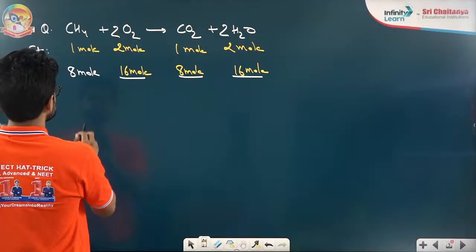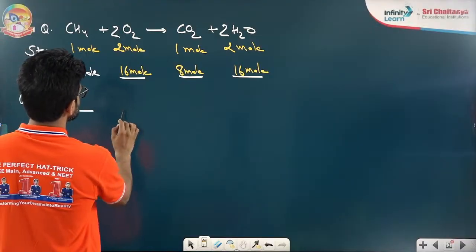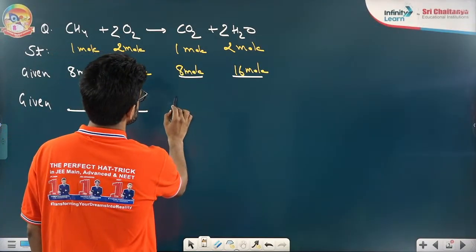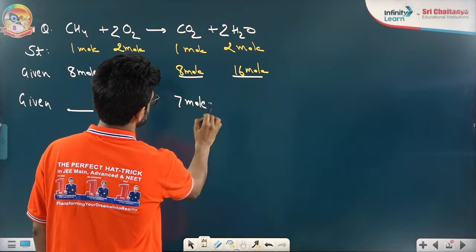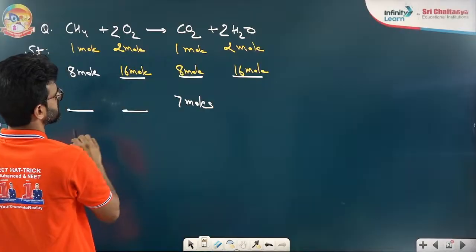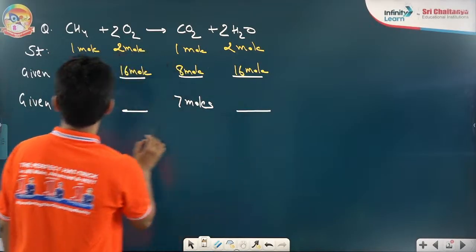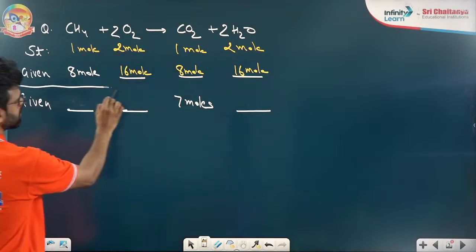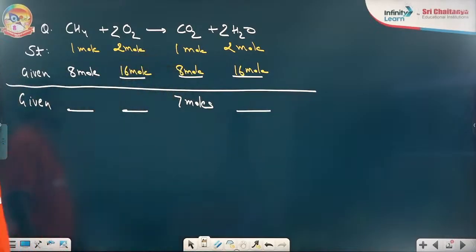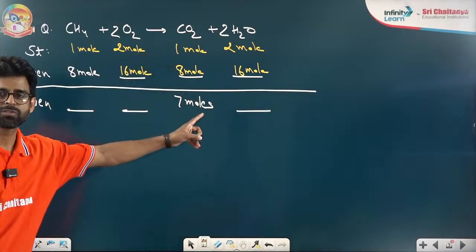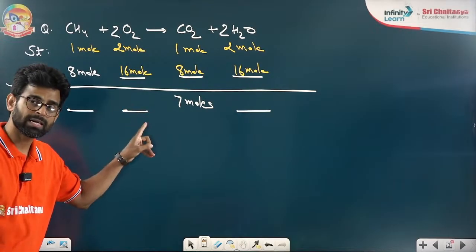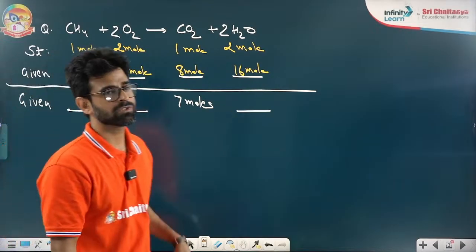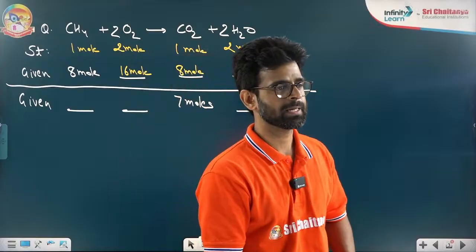Imagine we want to produce 7 moles of CO2. Tell me, move step by step. I want to produce 7 mole of CO2. So how many mole methane required, how many mole O2 required, and how many moles of H2O will be produced with this?